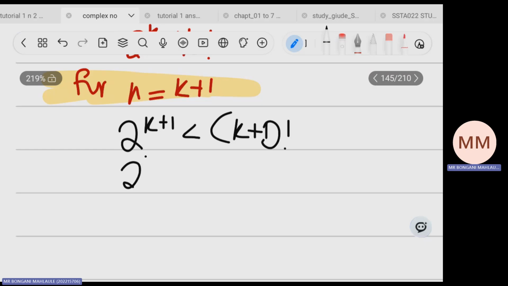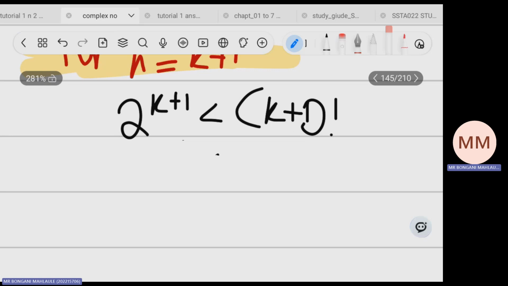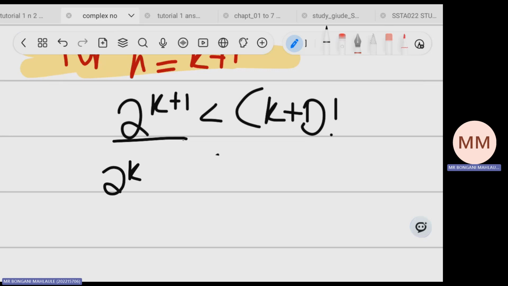Then this will be 2^(k+1) is less than, let's see. Okay, we can separate this on this step. We will have 2^k times 2.